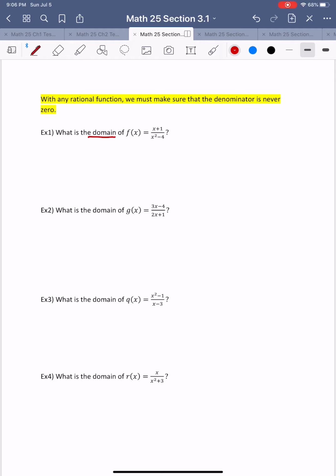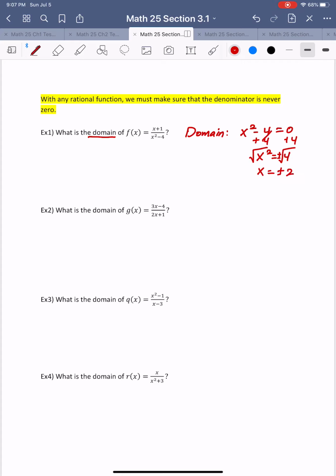It means all real numbers, of course, except for the numbers that we cannot use. In order to get the domain, you want to set the denominator equal to 0 and solve for x. You can add to both sides to get x squared equal to 4. Then take the square root of both sides with a plus or minus sign, because the root always has two values, so x equals plus or minus 2.